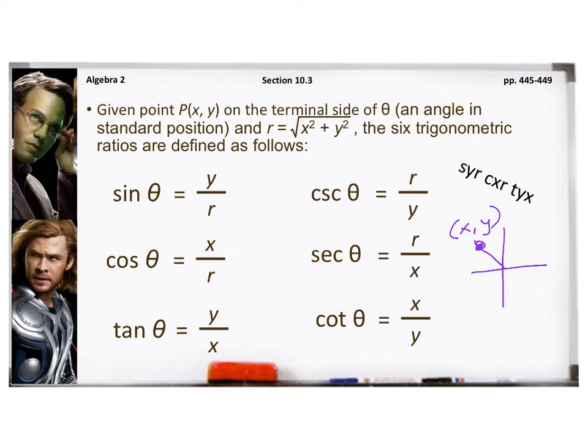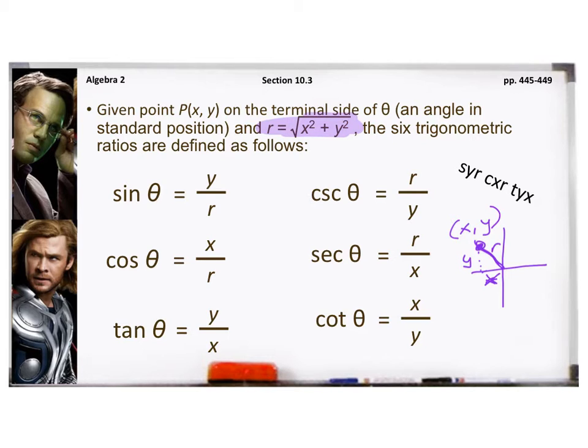Now I can find this distance by doing the Pythagorean theorem, because this side would be y tall and this side would be x tall. So using the Pythagorean theorem, I have x squared plus y squared equals r squared. So r is the square root of x squared plus y squared.